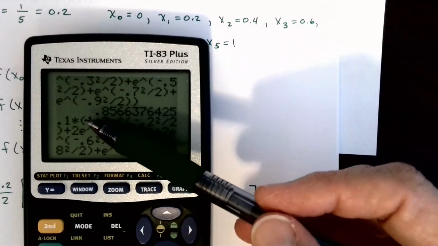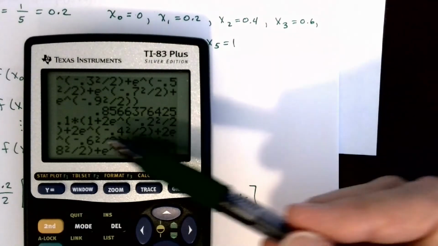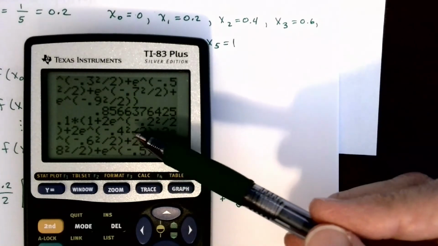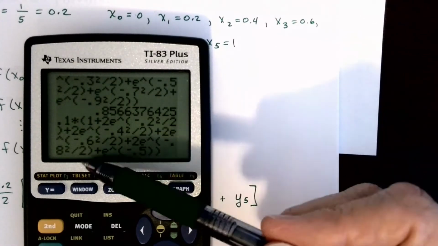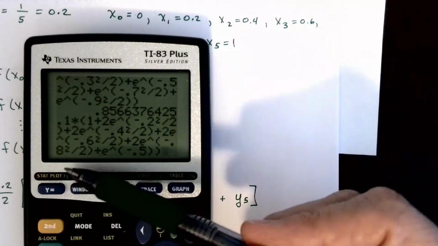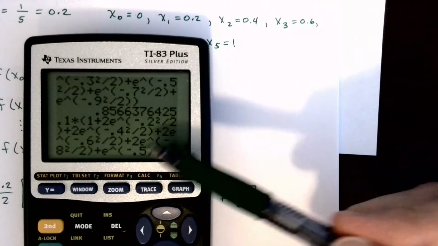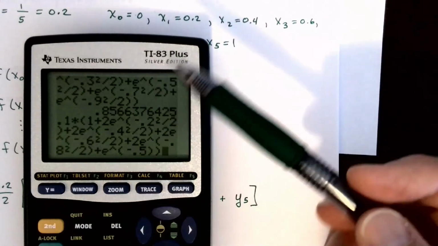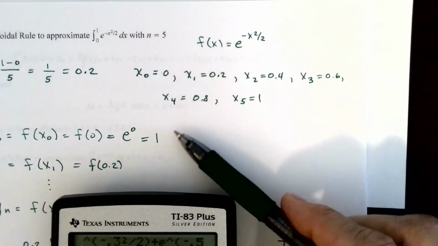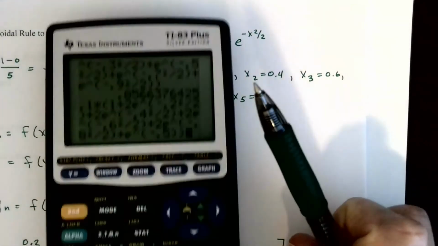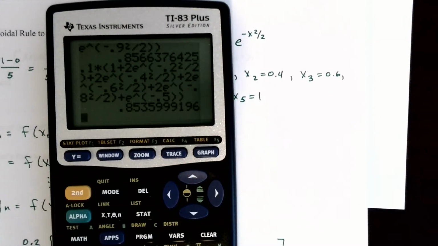So 0.1 times, I open the parentheses there, 1 plus 2 times e to the negative 0.2 squared divided by 2, plus 2 times e to the negative 0.4 squared divided by 2, plus 2 times e to the negative 0.6 squared divided by 2, plus 2 times e to the negative 0.8 squared divided by 2, and then plus e to the, and this was when x sub 5 was equal to 1, and so I get e to the negative 1 squared divided by 2, as we said down here, and e to the negative 0.5 for that one. All right, so I can do it all in one step, and there is my result.